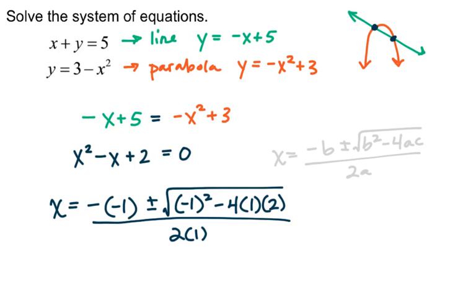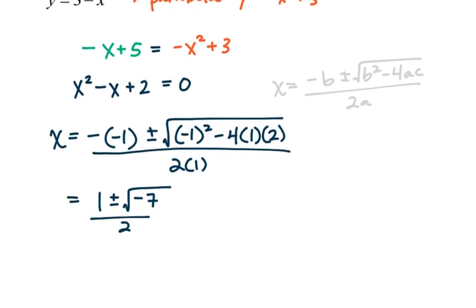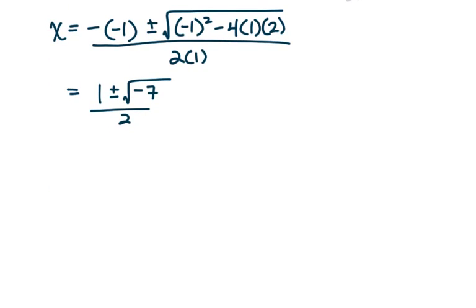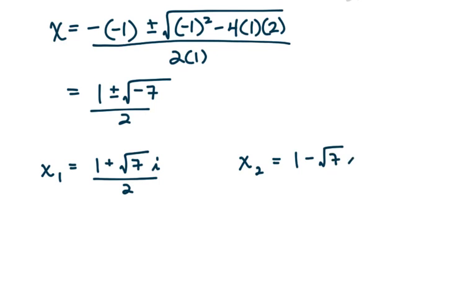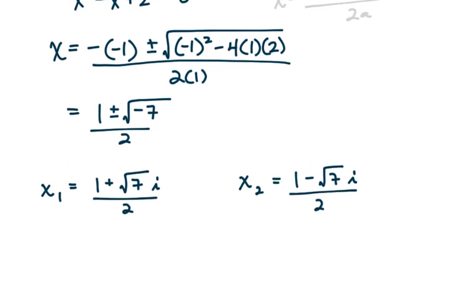And this should be pretty easy for you guys to simplify. We end up with x equals 1 plus or minus the square root of negative 7 all over 2, or rather two different x values. We'll say x1 is 1 plus root 7i over 2. And my other x value, x2, is 1 minus root 7i over 2. Considering both of these two x values, I need to find a corresponding y value.